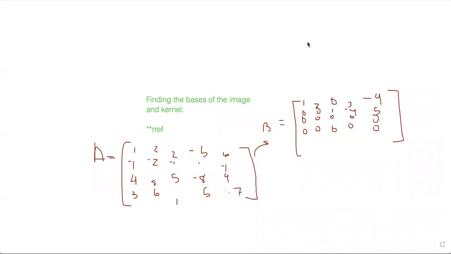Okay, so we've got this reduced row echelon form, right? Well, it's very easy, of course, to come up with the kernel, the basis of the kernel.